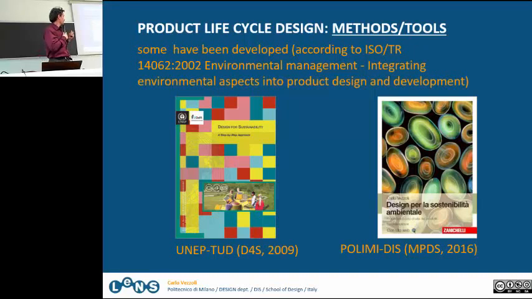There is one that is the method we are using. It's an Italian book. The other one that I may suggest, if someone wants to go and see, is a booklet from the United Nations Environment Programme on design for sustainability, a step-by-step approach. Inside there are some tools you can use and some suggestions.